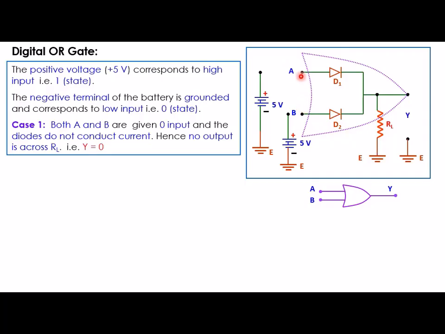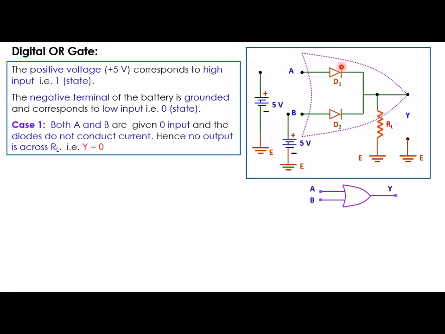If A is 0 volt and B is 0 volt, the P side of both diodes D1 and D2 are 0 volts, and the N side is also 0 volt as they are connected to ground through this load resistance RL. Now for both these diodes D1 and D2, their P side is connected to 0 volt, and their N side is also connected to 0 volt. Then in that case, what will happen? These two diodes will not conduct current.